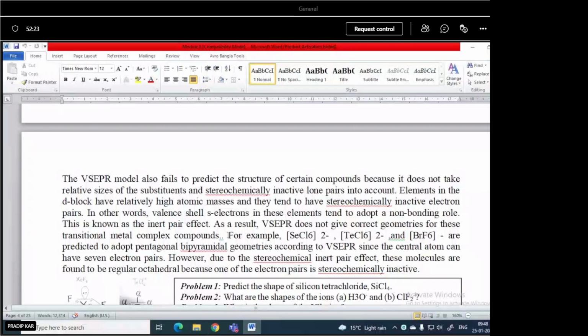Okay, so the VSEPR model also fails to predict the structure of certain compounds because it is not taking the relative size of the substituents into account. Say in case of fluorine, bromine and iodine, the iodine size is higher than the fluorine. So repulsion for iodine is more. That we have to consider.